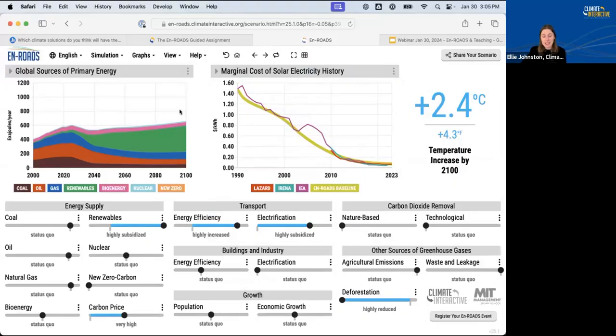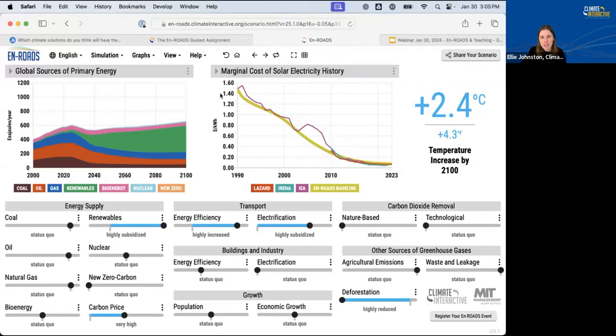Back in 1990, the cost of solar electricity was well over $1, almost $1.50. And you can see that over time, this is IEA actual data there, that pink jagged line picking up data from some other sources. En-ROADS baseline following along that trajectory. This is how we recreate history.